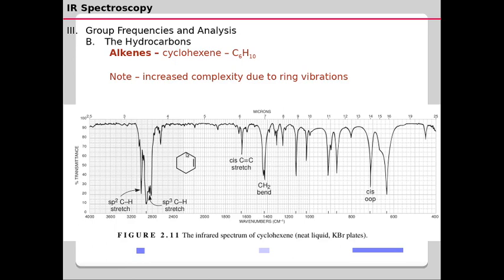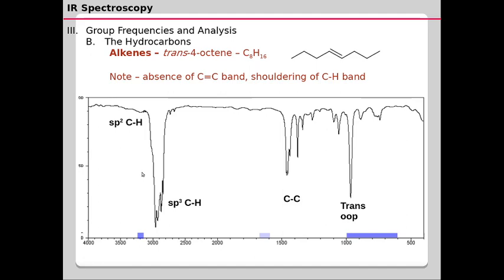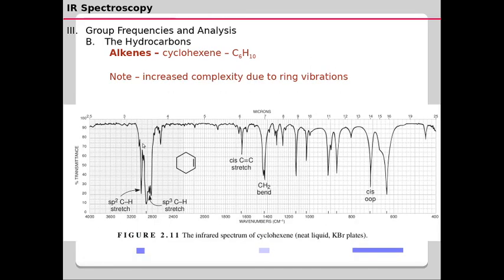One of them is this sharp band, which we have not seen in the previous spectrum. This sharp band is due to the carbon hydrogen stretching vibration of the sp2 hybridized carbon in the cyclohexene system. When these carbon hydrogen bonds on the sp2 hybridized carbons stretch, they give rise to this particular high intensity band.